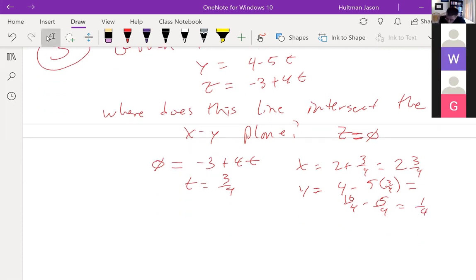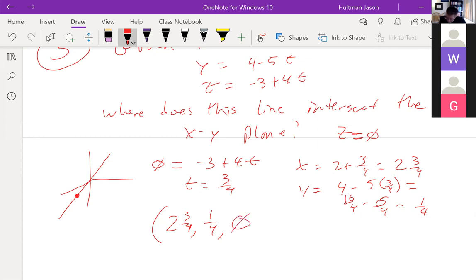So where does this line intersect the XY plane? It's going to intersect at an X value of 2 3/4, a Y value of 1/4, and what's the Z value? 0, exactly.